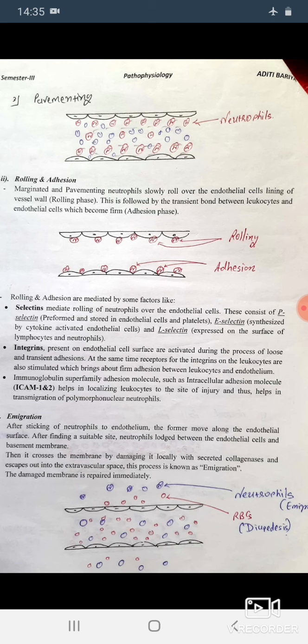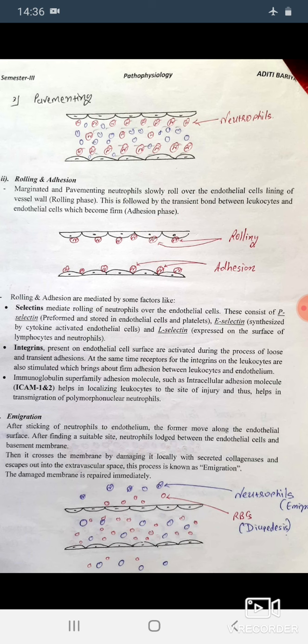You can see there is one layer of endothelial cells. So when the neutrophils come nearer to the endothelial cells, first they roll over the endothelial cells, moving round and round on them. That is the rolling phase.